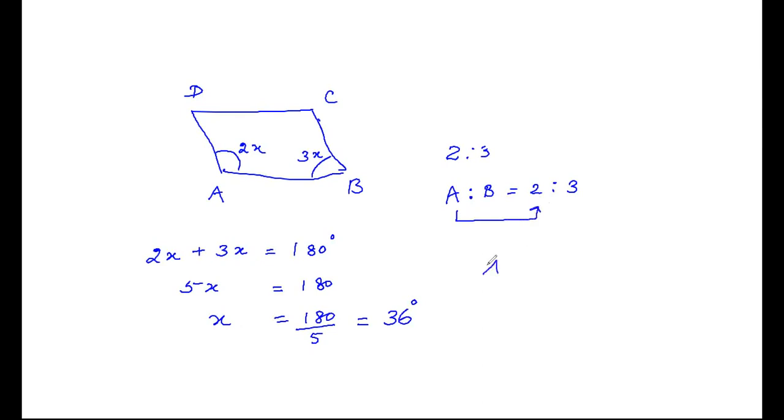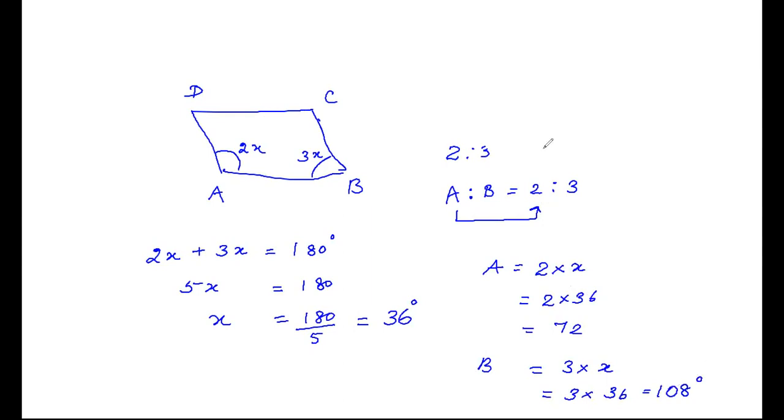So now I know my A is 2x. So A is equal to 2 into x, that is 2 into 36. What is 2 into 36? 72. So my B is 3 into x, that is 3 into 36. So what is 3 into 36? 6 threes are 18, remainder 1, 3 threes are 9, 9 plus 1, 10. So 108.